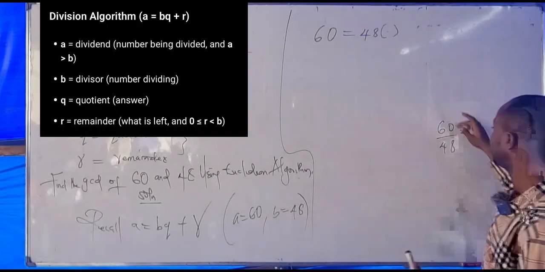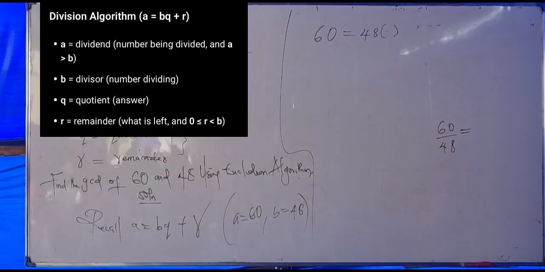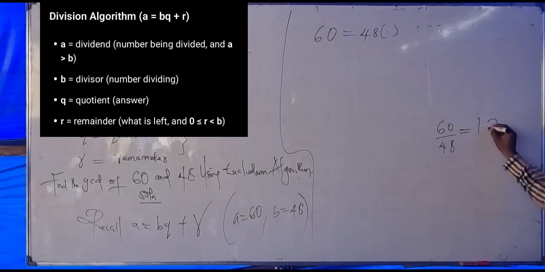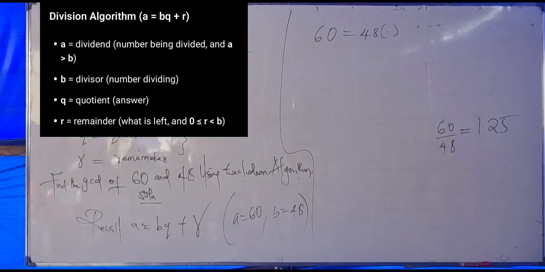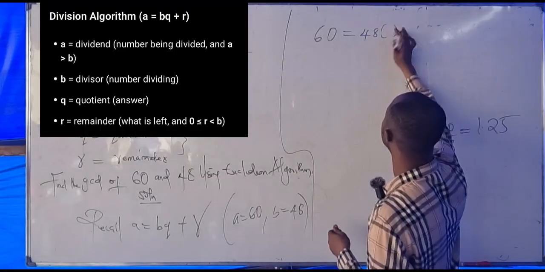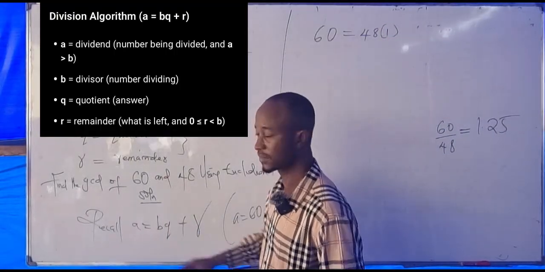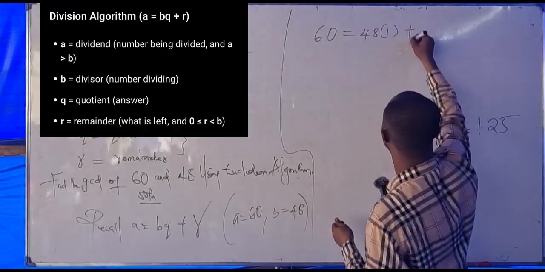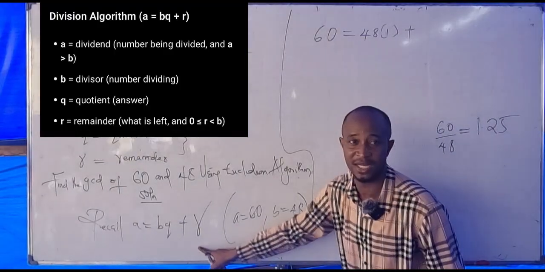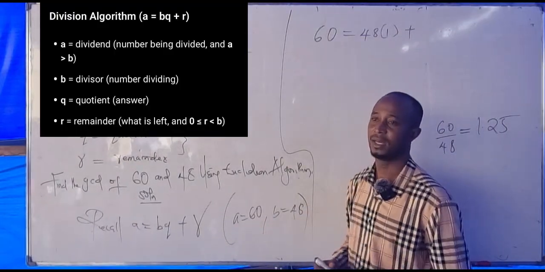When you divide 60 by 48, what do you have? 1.25. That means my quotient is 1. So I have 1 here, which represents our Q. Then plus, let's bring out our remainder. How do you get your remainder?